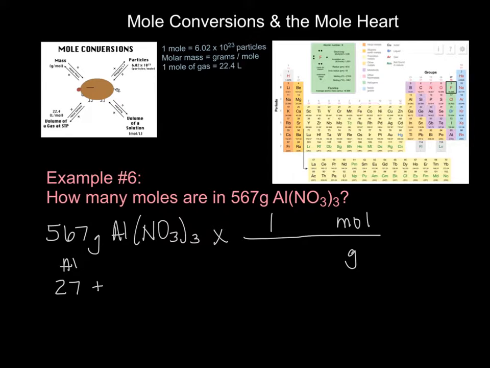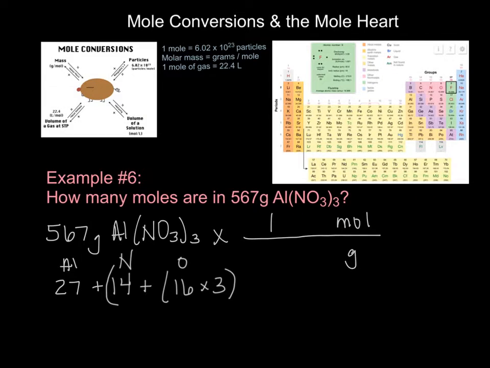So our molar mass of nitrogen is 14, I'm going to put this in parentheses, plus my molar mass of oxygen, which is 16, so this is for my nitrogen, and then my molar mass of oxygen is 16, but I actually have 3 of them, so I have to multiply that by 3.